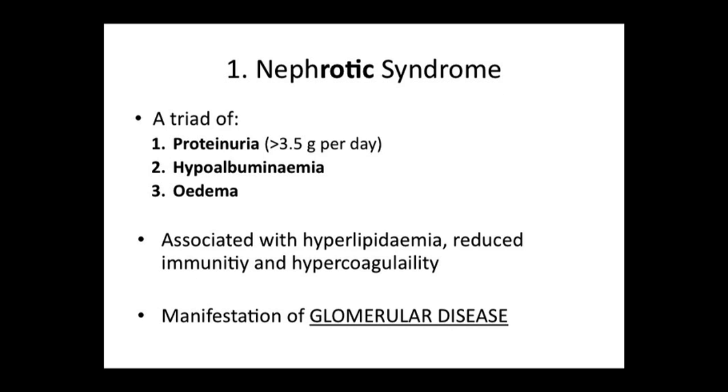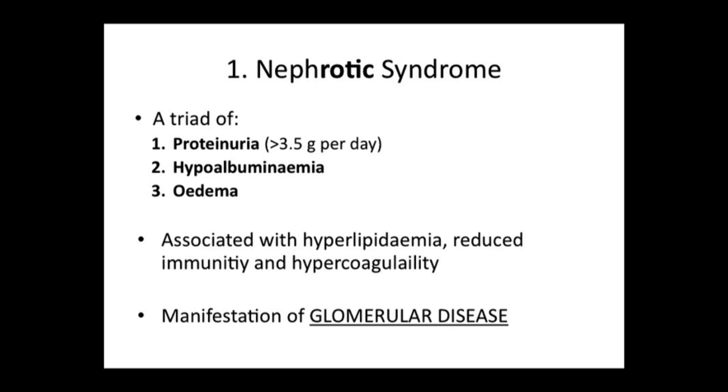If you lose lots of albumin from the blood, if you go right back to year 1, for those year 1s who remember the Starling hypothesis to do with the distribution of fluid between the intracellular and the extracellular compartments, if you don't have a lot of albumin in your blood, you can't pull back the fluid from the outflow end of the capillary network. So you get a buildup of that, which causes edema.